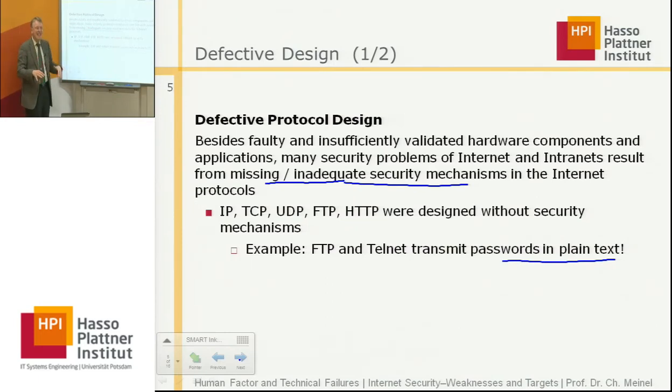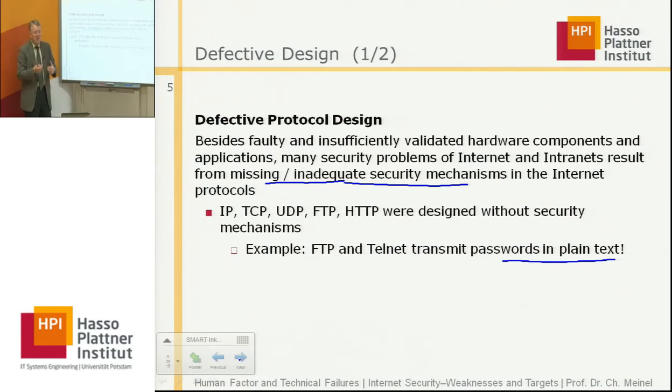This is a mistake in the protocol design. There was no one thinking of introducing security measures. We will see why: in the beginning, people tried to provide functionality and develop the functionality of internet working. This was done for computer scientists, for a trusted community, and people said security we can add later.